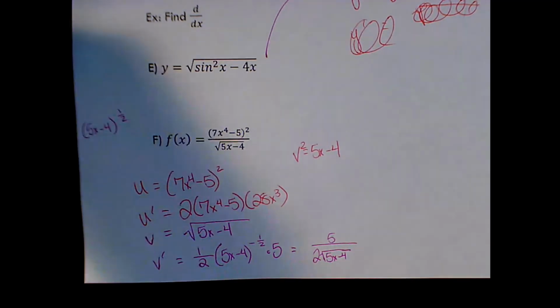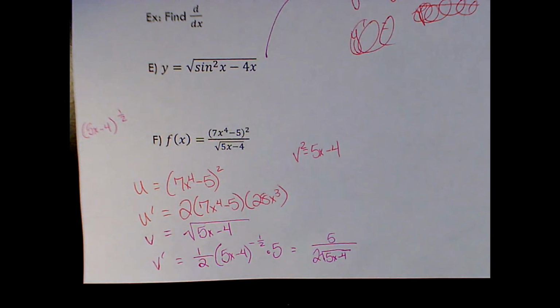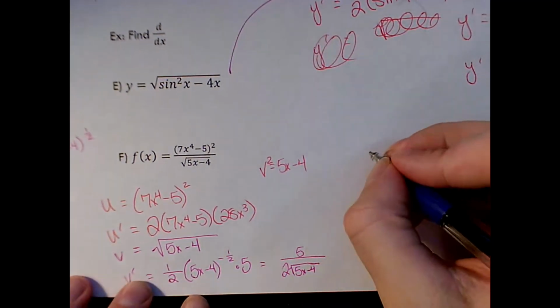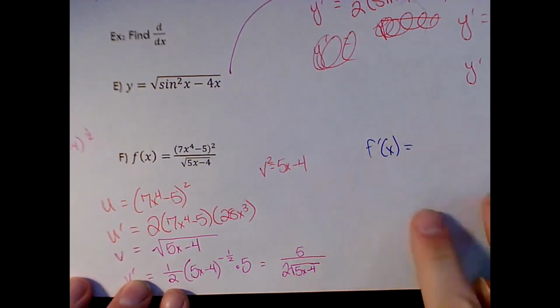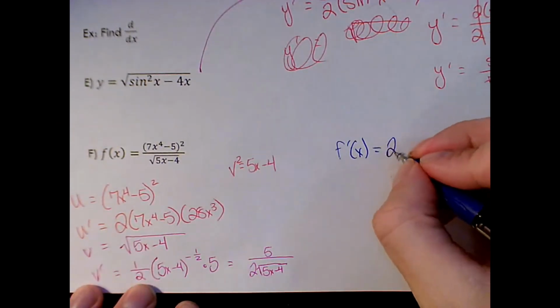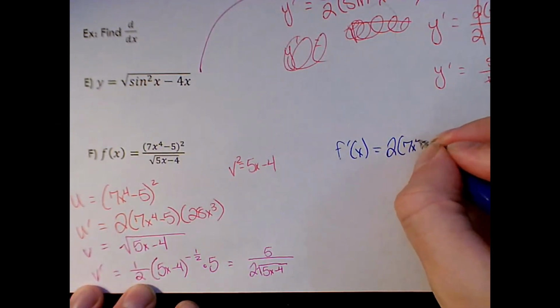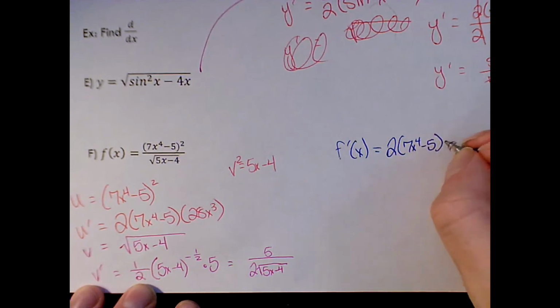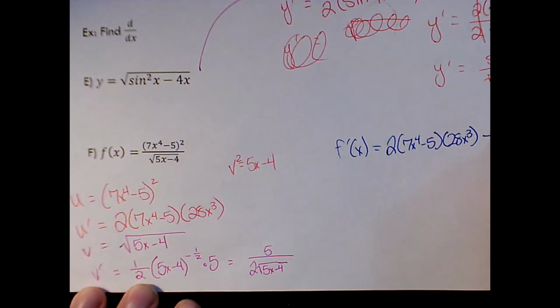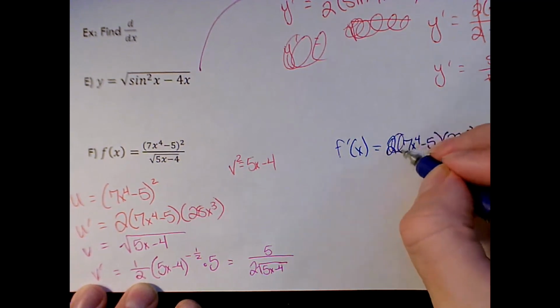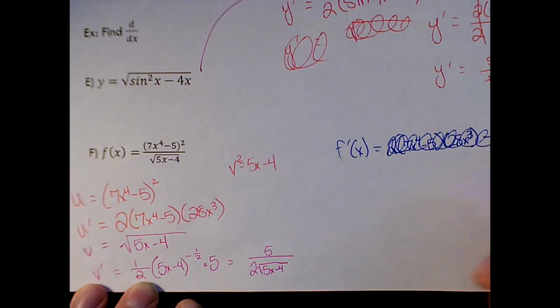So, f prime of x is going to be u prime v, 2 times 7x to the 4th minus 5, 28x cubed minus v prime, which is 5 over 2 root, wait. Did I forget u prime? I forgot v. Ugh. I knew I was missing something.